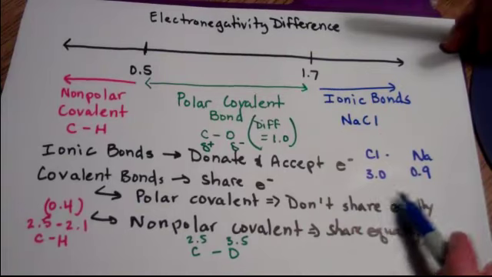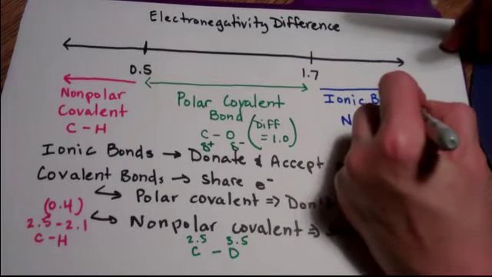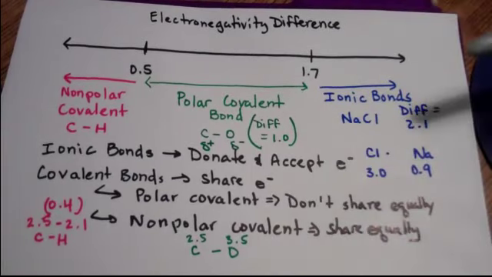So the difference between these two is going to be 2.1. So our difference equals 2.1. And so that's going to be higher than 1.7. So our sodium and chloride are going to be a good representation of our ionic bond.